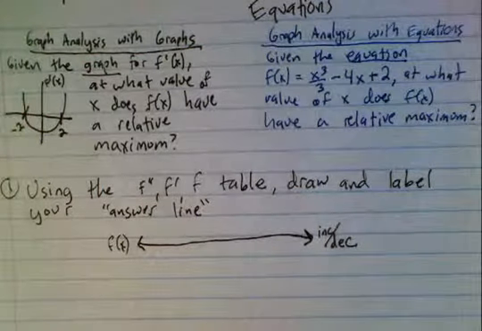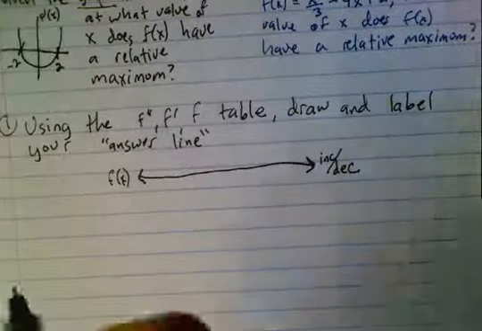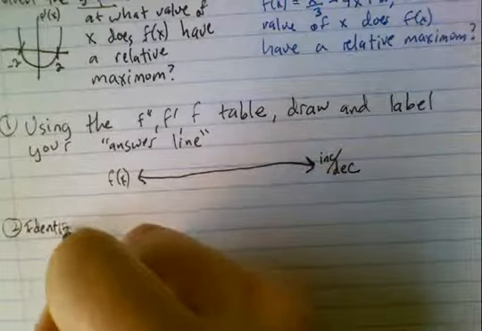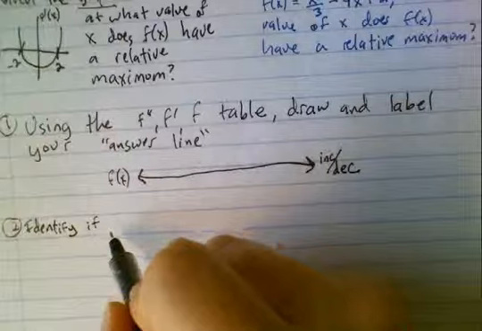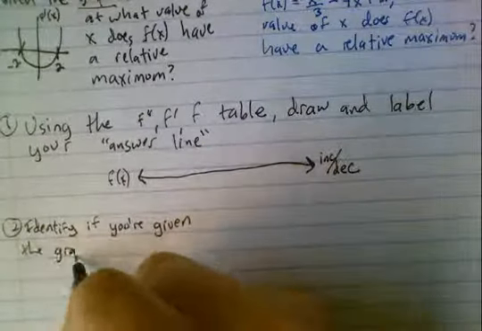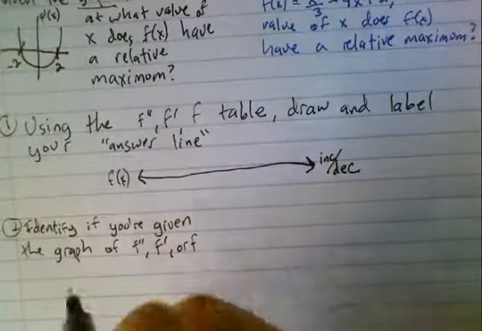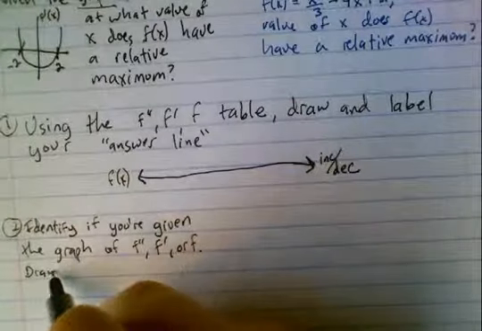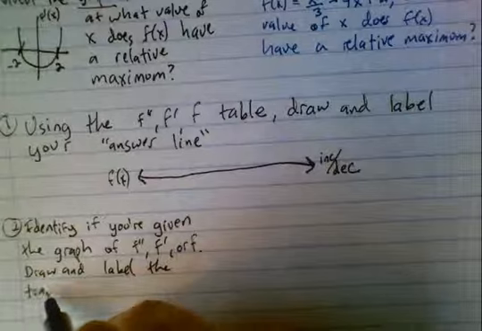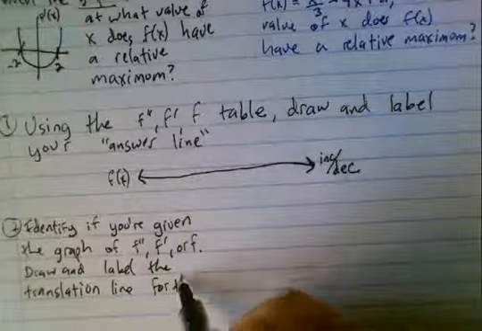So for graphs, we know that in the past we were just identifying, if you're given the graph of f double prime, f prime, or f, draw and label the translation line for that function.